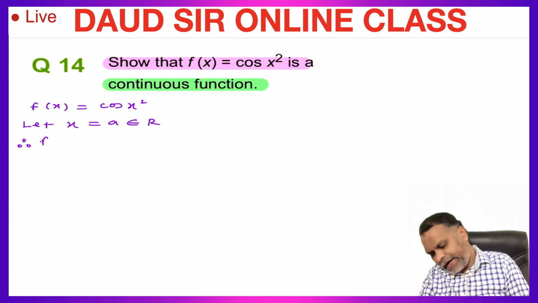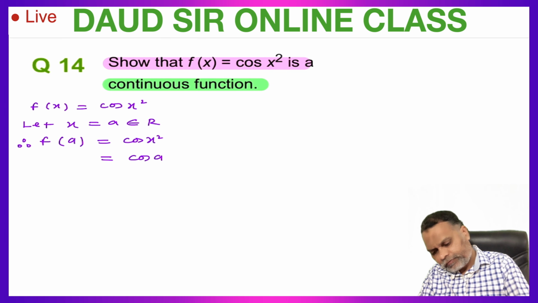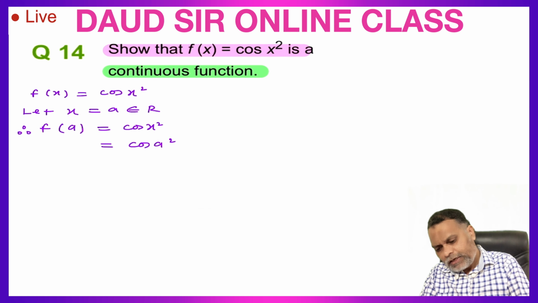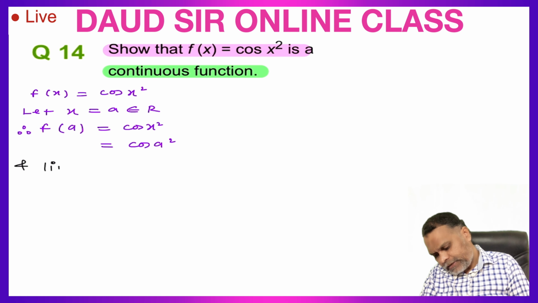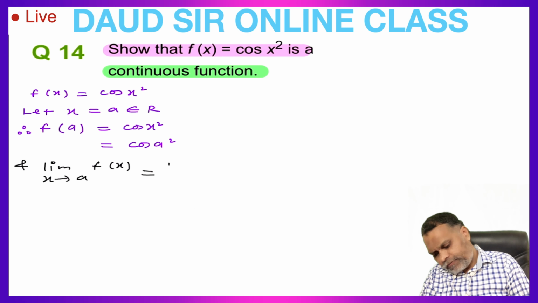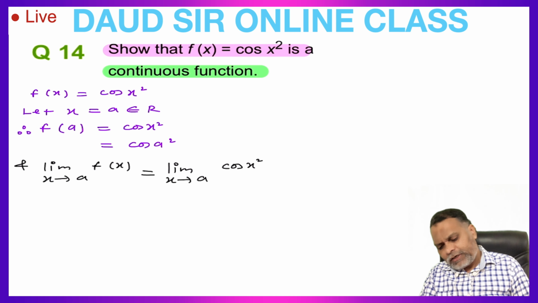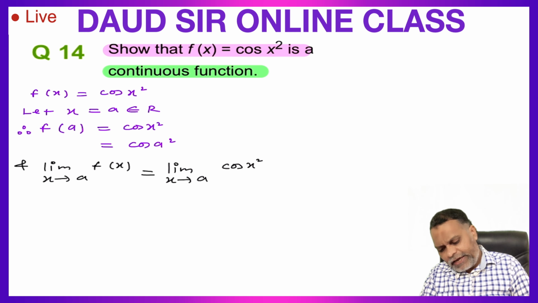Therefore, the value of function at x is equal to a, f of a is equal to cos x square, put x is equal to a, so cos a square. Now calculate the limit of this function, limit x tends to a, f of x is equal to limit x tends to a, cos x square, substitute x is equal to a, so cos a square.